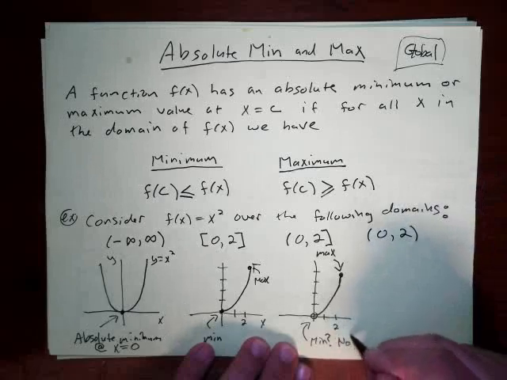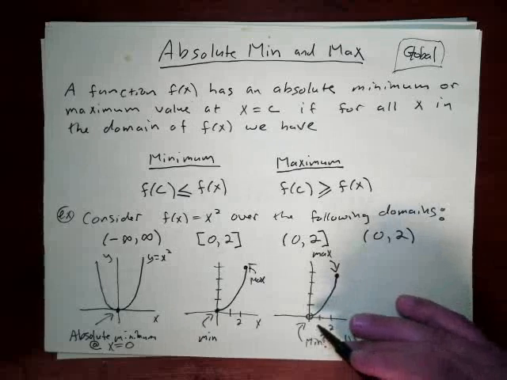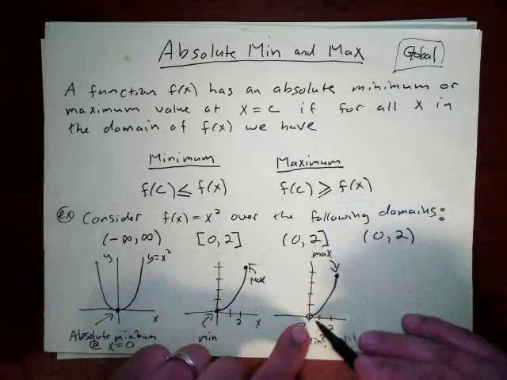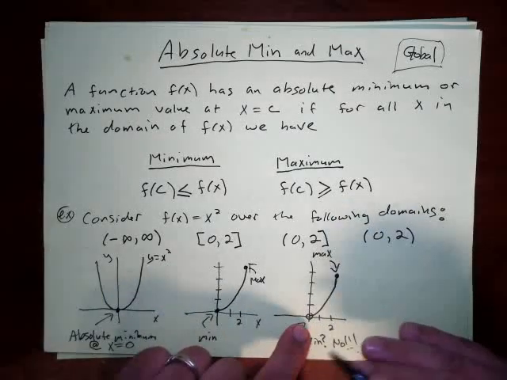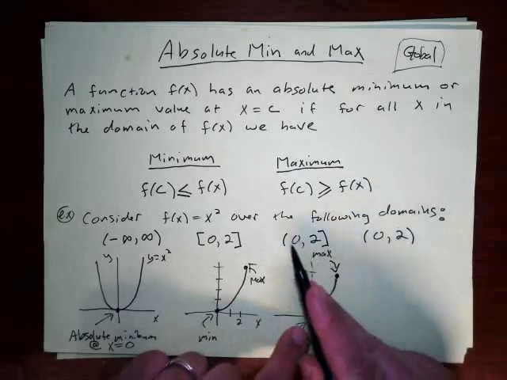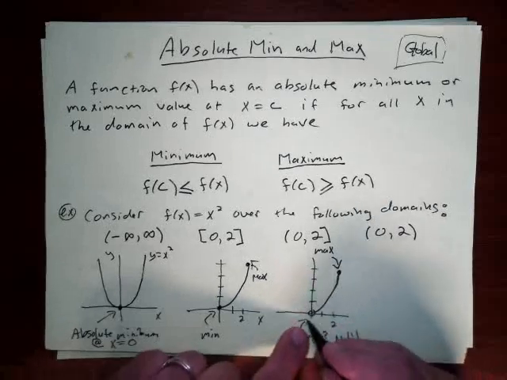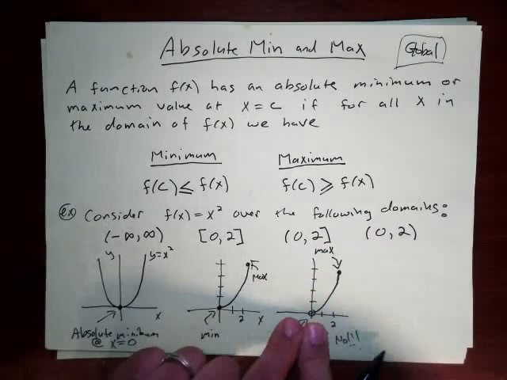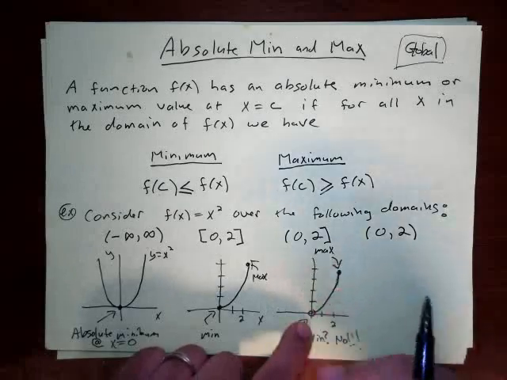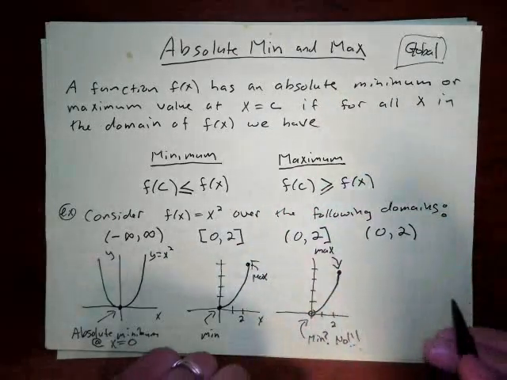No, it's actually not. And so why is that? Well, this function does not take on a minimum value, because from 0 to 2, not including 0, it does not take on the value 0. Okay, so 0 would be a lower bound, right? All these values are going to be above, greater than 0, but 0 is not a value of the function.